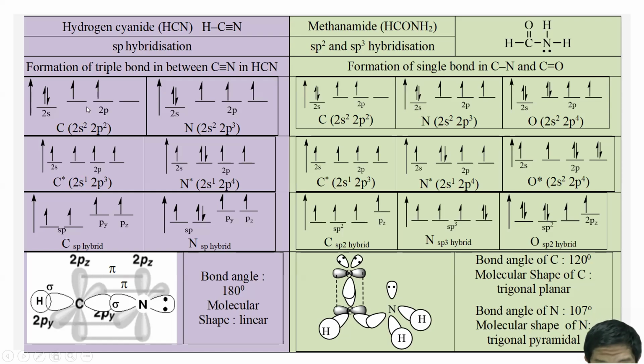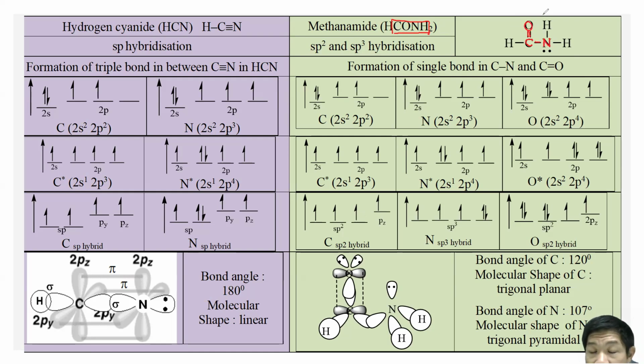I will just briefly go through how the hybridization takes place in methanamide. This is the Lewis structure of methanamide, where you have CONH bonds. So how do the CONH bonds look in the Lewis structure? It is a C double bond O and a single bond to nitrogen.